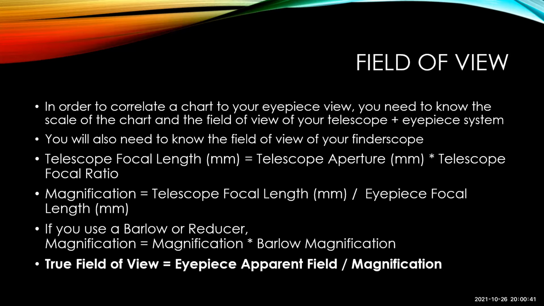So anytime I want a high power view of something, I can look and see exactly what the true field of view will be for that eyepiece in my telescope with a Barlow. I can't remember all this stuff, so I write it down and put it in the eyepiece box or actually on the side of my telescope. I highly recommend this.